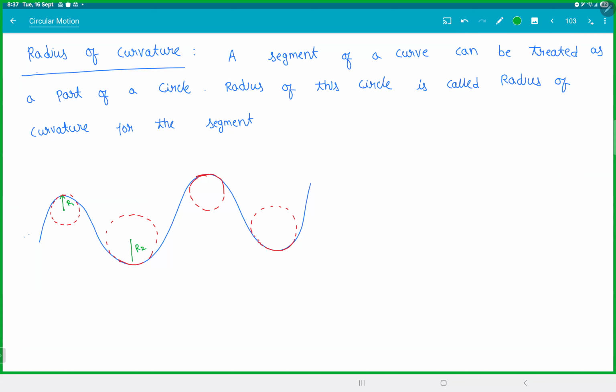In real life, when someone asks you to construct a curve, we don't know how to construct a curve. What we do is break that curve into circular segments and then manufacture them accordingly, because manufacturing circles is easy. If you ask me to construct a parabolic track, it is difficult. So what people generally do is treat it as parts of circles. Cost effective. If you take the small segment ds, it can be treated as a circle or an arc.